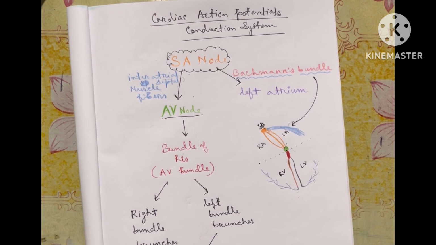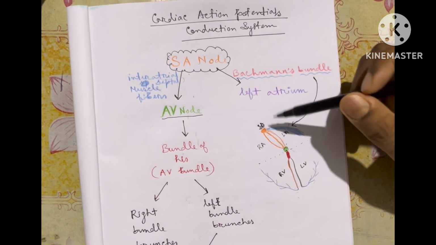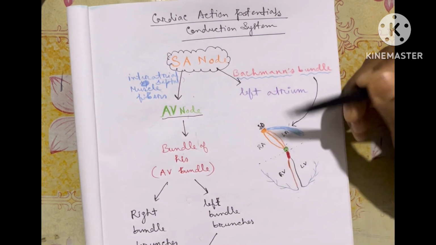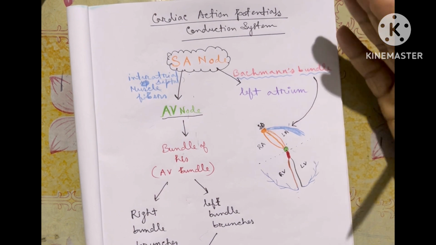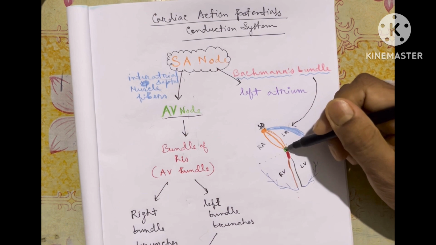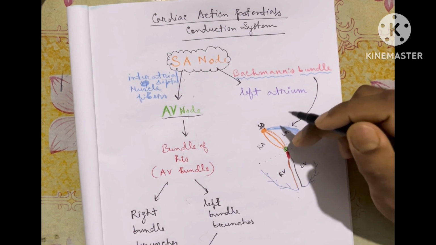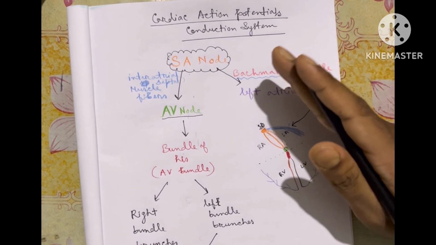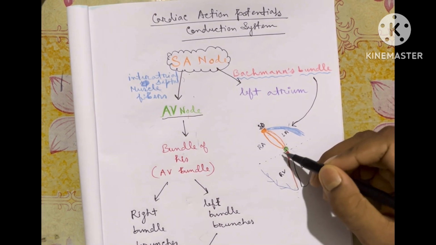We will discuss the coronary sinus in some other video, but the point to be noted here is that the AV node receives the signals from the SA node via interatrial septal muscle fibers. Its main location is in the atrium, slightly towards the right side, and most of the cells which form the AV node reside in the right side of the interatrial septum.